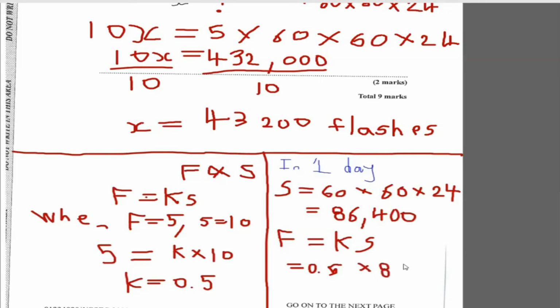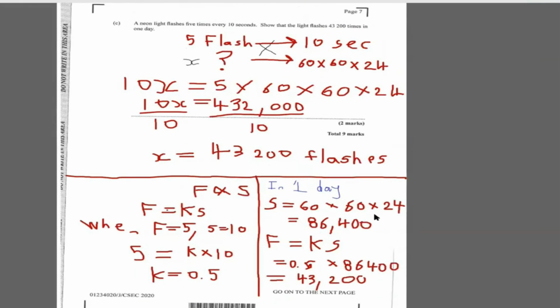When you multiply across, you get back the same answer as above, which is 43,200. All right, any method you want to use is your choice. Either way is fine. Easy question.